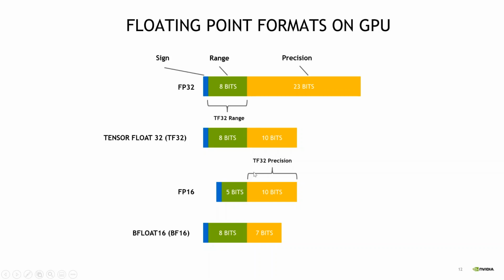Also, the bfloat16 format is presented here. The dynamic range of bfloat16 is similar to the single precision format. Relative to FP32, bfloat16 sacrifices precision to retain range.